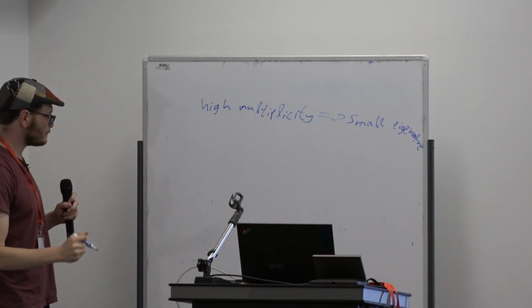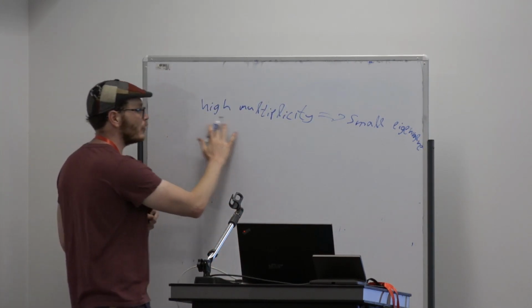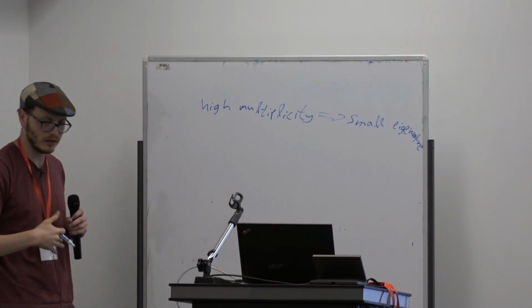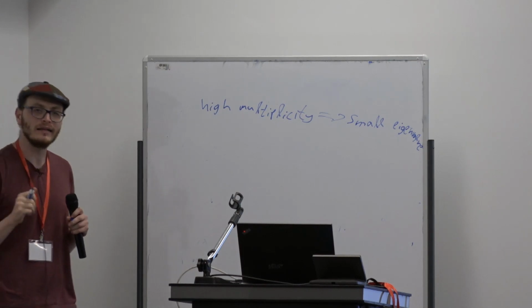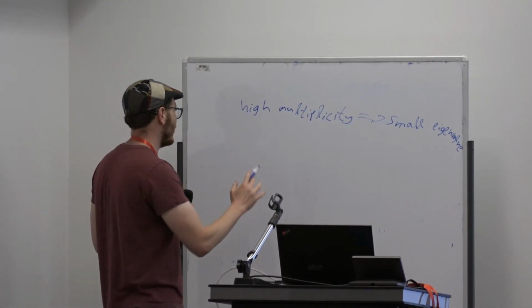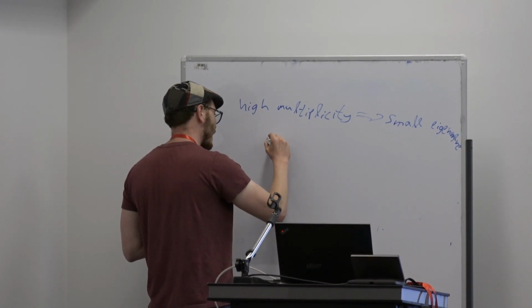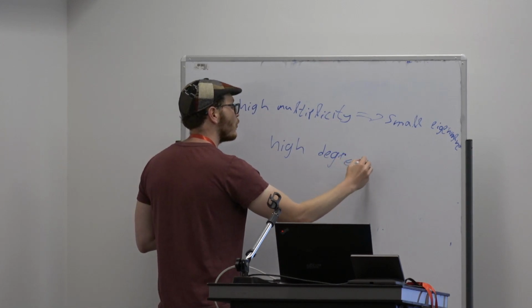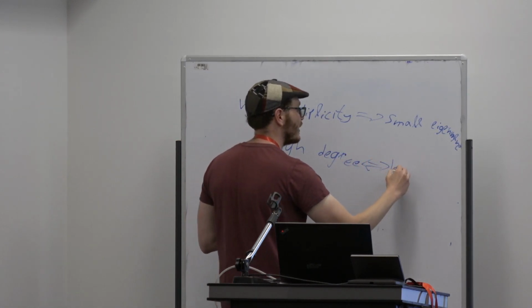But instead of using the smallest multiplicity, which is what you do in quasi-randomness, you just look at the smallest dimension. You can use the fact that high degree corresponds to high multiplicity, to even higher multiplicity.